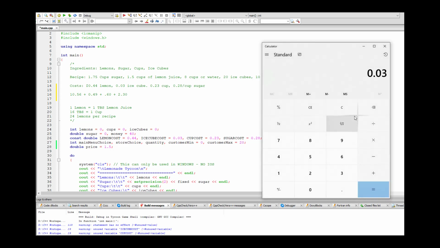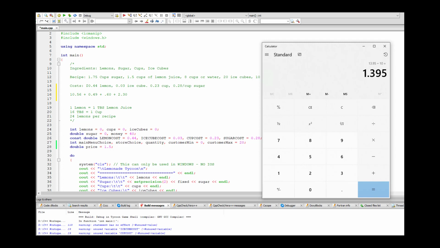All right, so let's take a look. Let's start again here. So we have 10.56 plus 0.49 plus 0.6 plus 2.3. Okay, so in order for us to make 10 servings of lemonade, it will cost $13.95, which, if we divide it by 10, is about $1.40 per cup.